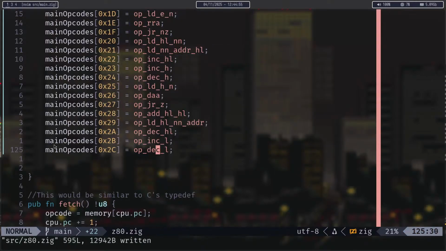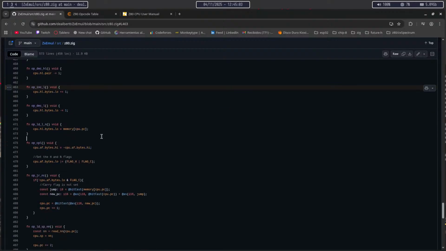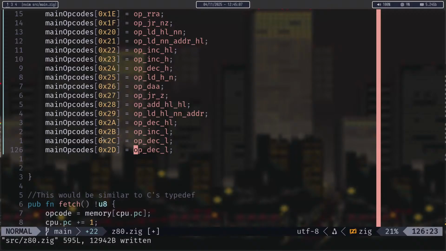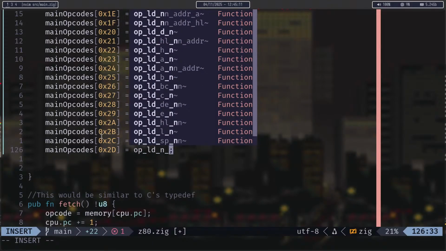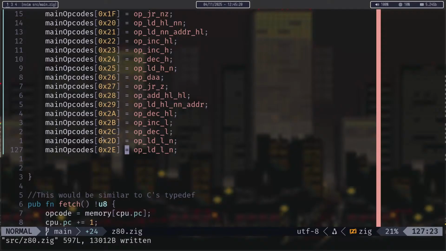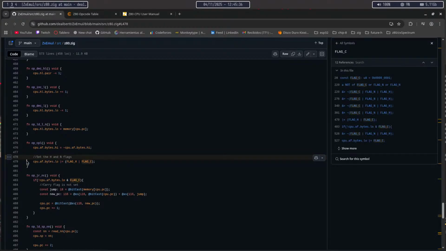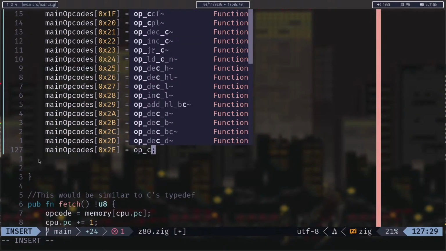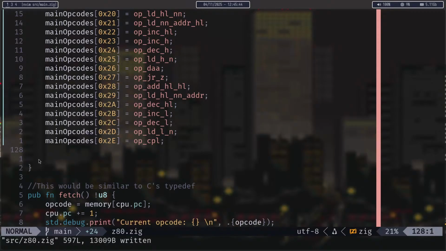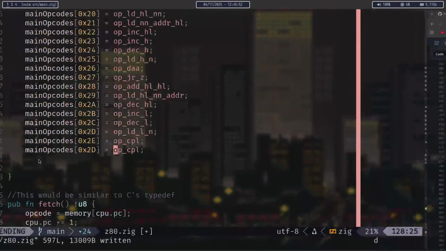Here we go. LD L N. CP 0, giant relative.